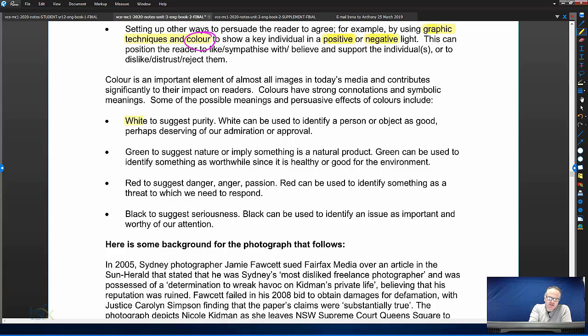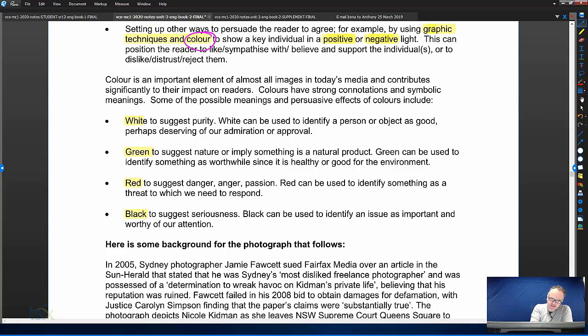So I'll just highlight the colours first. White, green, red, and black, just as examples. And just picking up on a few potentials, and I'll repeat that colour can be really varied in terms of what it suggests.